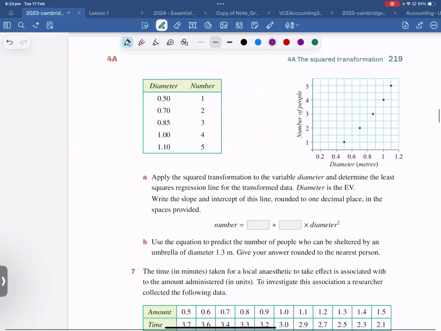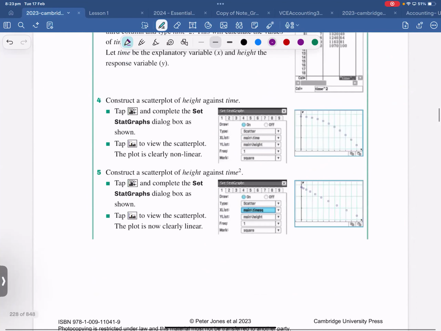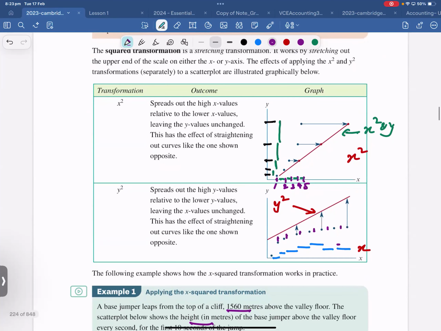For example, if we go to what they have given before, now see this one. The red line is going even further down.